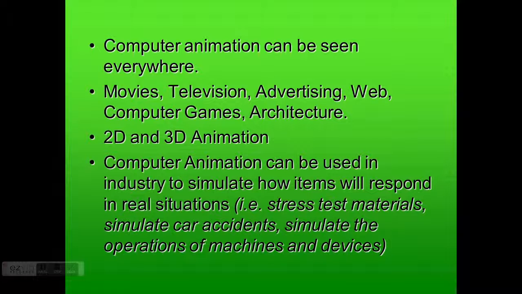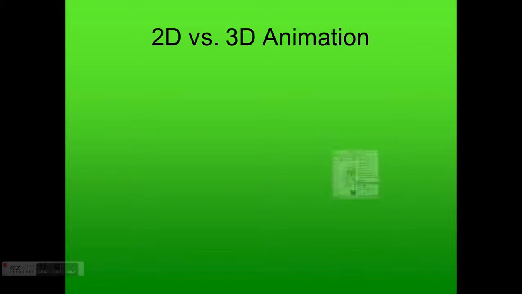We actually do a little bit of that in our design and automation class, where we get into some of that robotic stuff. So it's kind of interesting how things are going these days. In the parentheses I have in there, stress testing materials, simulate car accidents, simulate operation of machines and devices. So we can use computer animation for a lot of stuff these days.